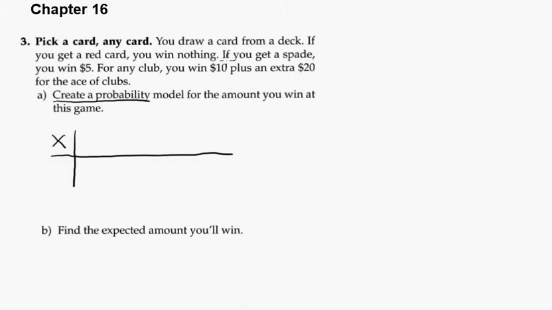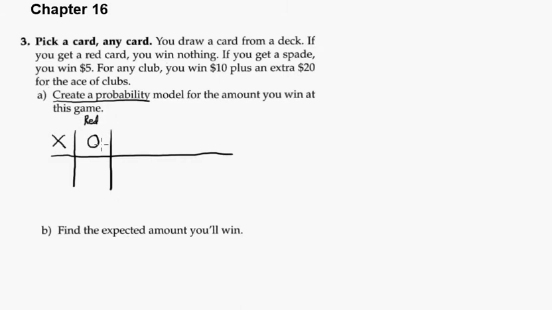If you get a red card, you win nothing. Our outcome is going to be the amount of money that we win, so we're going to win $0. That's one outcome. This is going to be red, so 0.